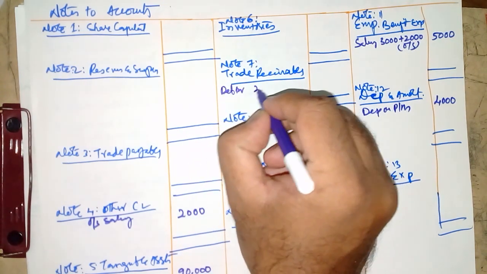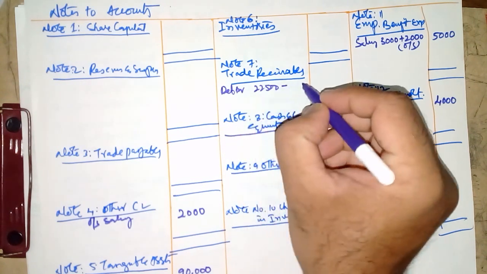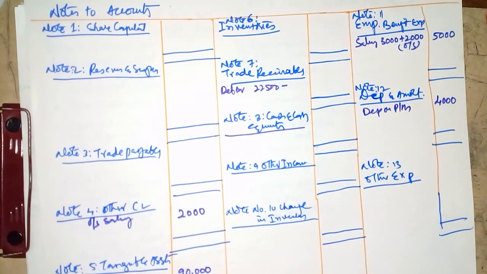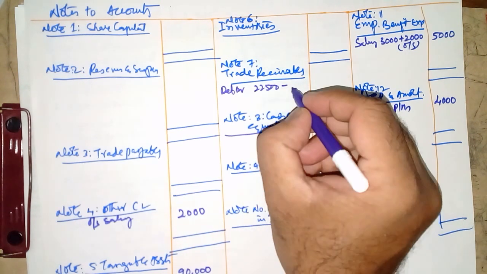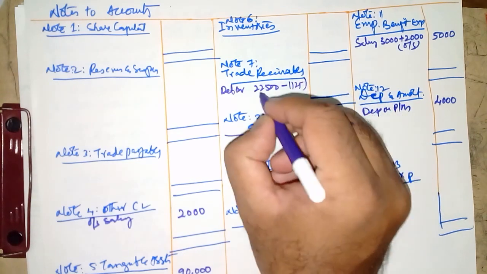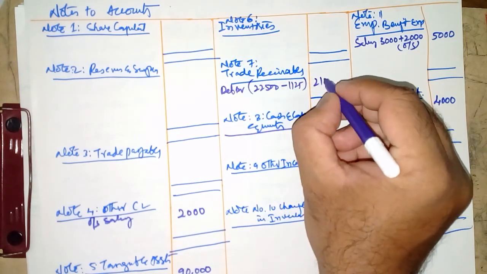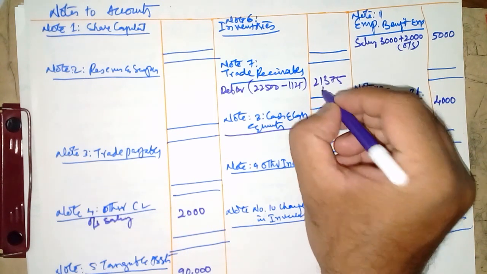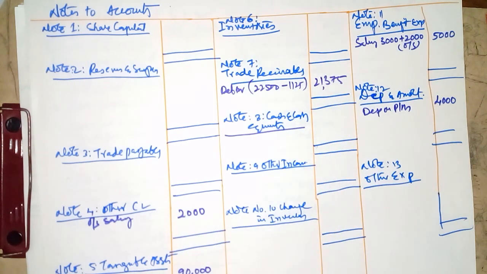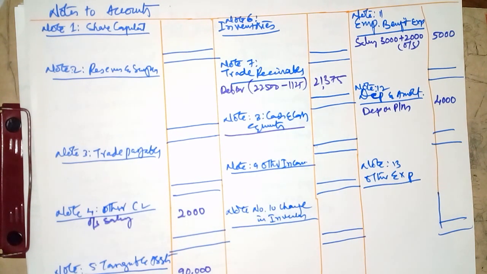22,500 minus 5% of 22,500. So 22,500 into 5% is 1125. We will deduct. We will write 21,375 in the outer column, right? So this 1125, what is this 1125? It is the bad debt.